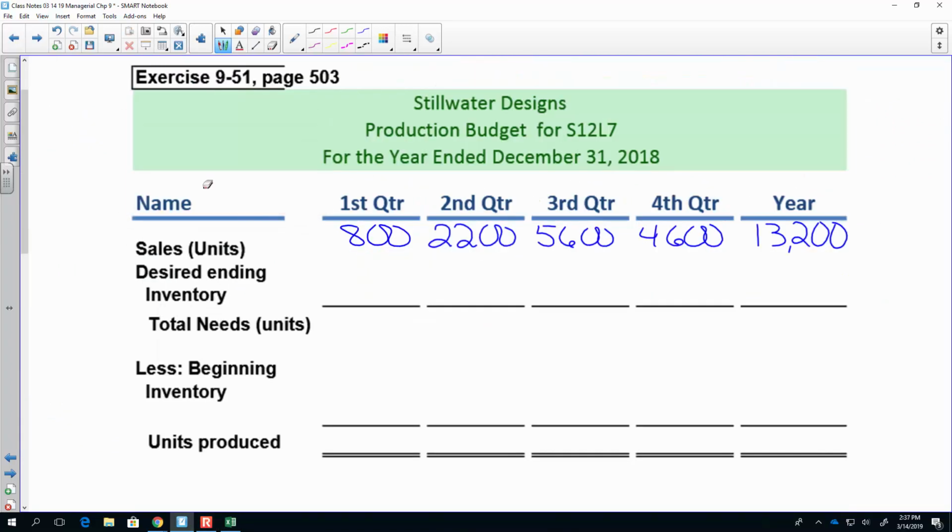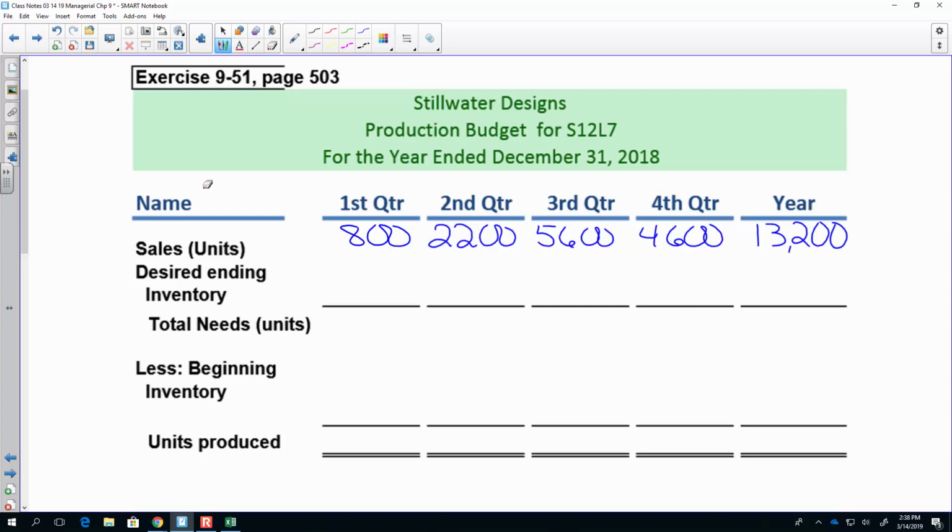All right. I did decide to do problem 51 for practice of this production budget. The one we just got done with really isn't what you'll be encountering on your project. So let's look at 51. I've already got the sale units added.